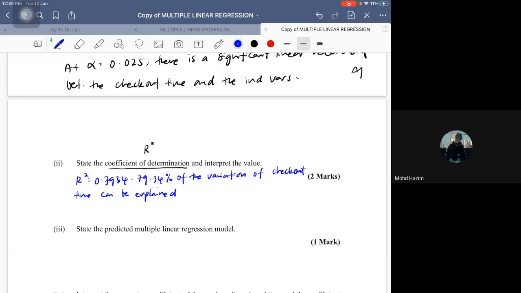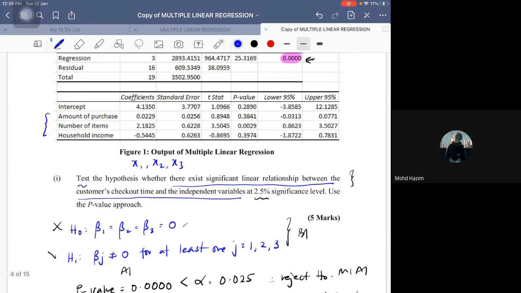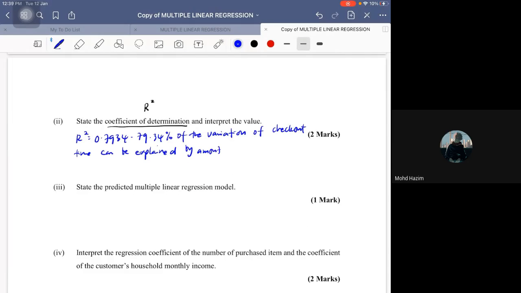So we're going to list them all. Can be explained by amount of purchase, number of items, and household income.